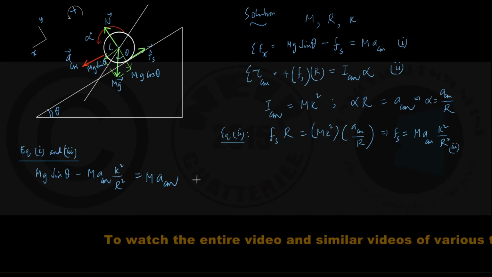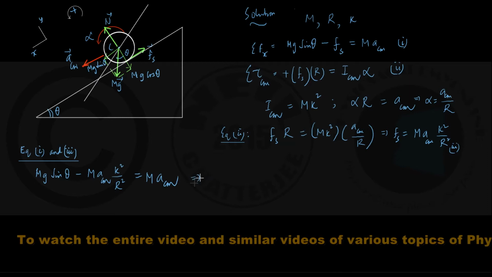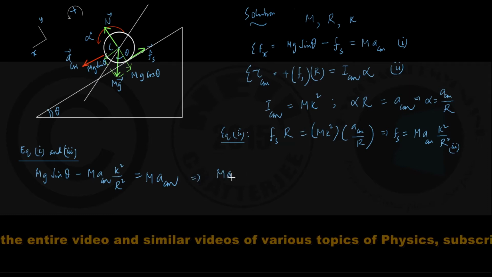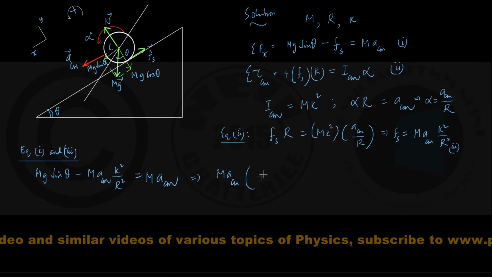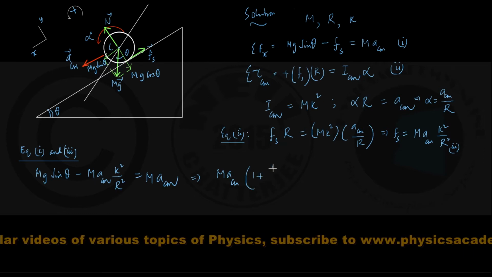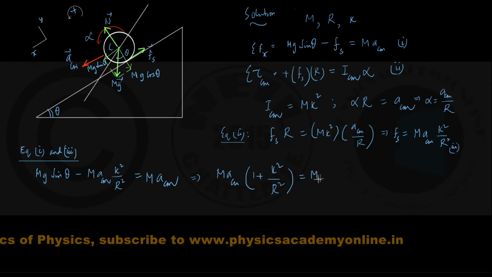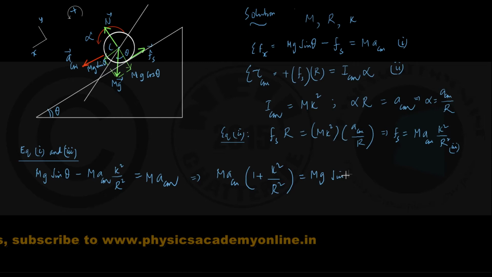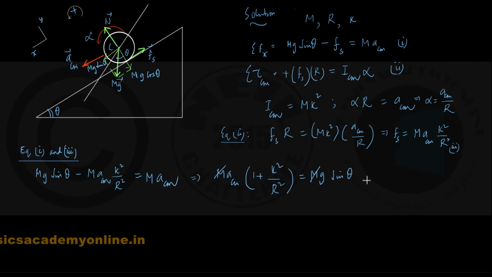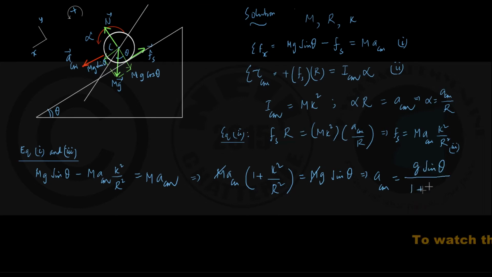Now bringing the terms containing ACM on one side, we get m into ACM inside bracket 1 plus k square by r square is equal to m into g into sine theta. From both sides, the mass of this body m cancels out and we get ACM coming out to be g sine theta divided by 1 plus k square by r square.